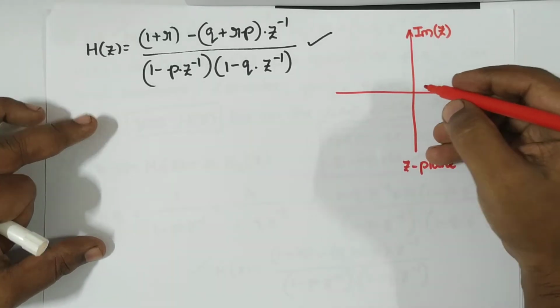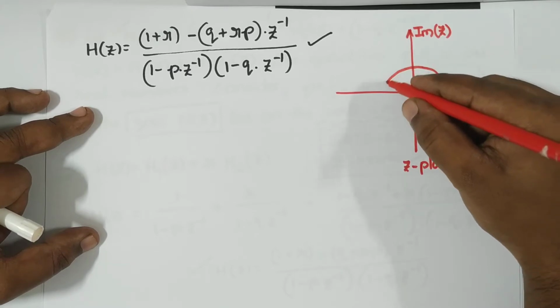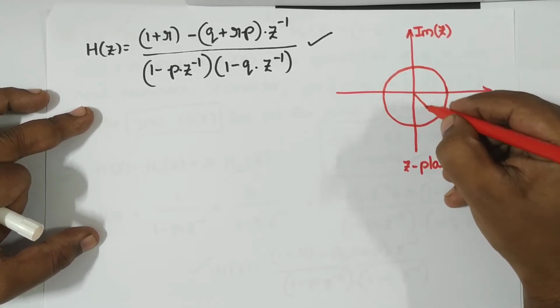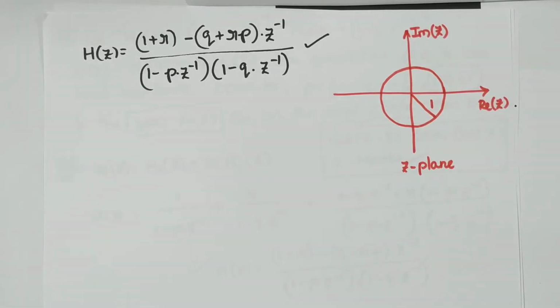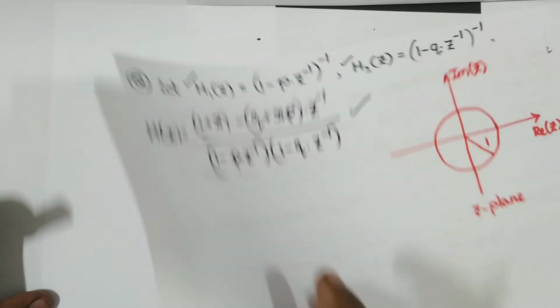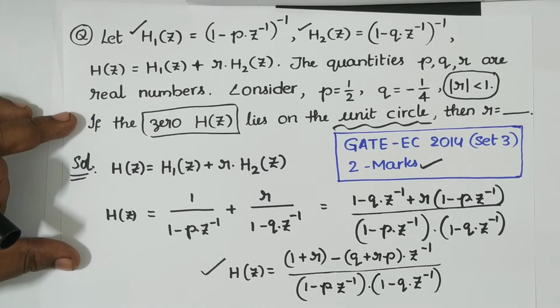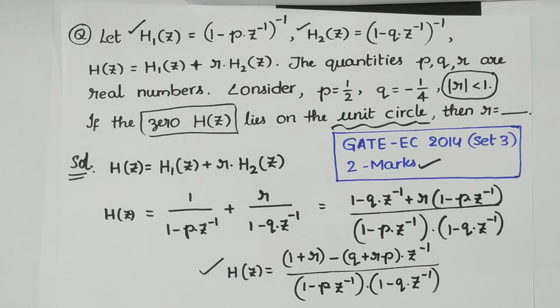Let me draw a unit circle, meaning the radius must be 1. So this is my unit circle, whose radius is 1. Now what's the question? The question is simple: if the zero of H of z lies on the unit circle.